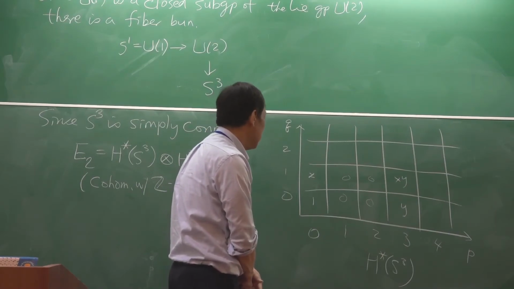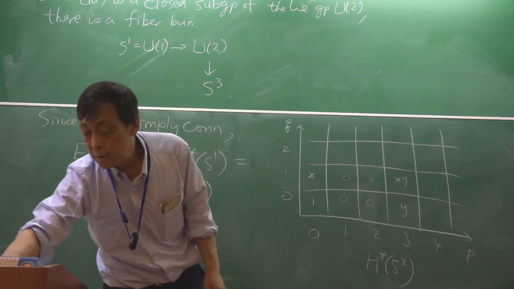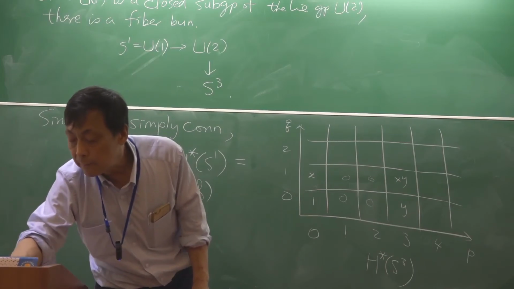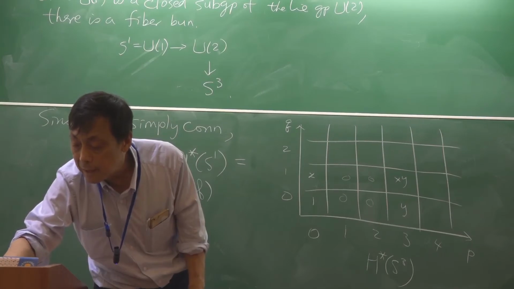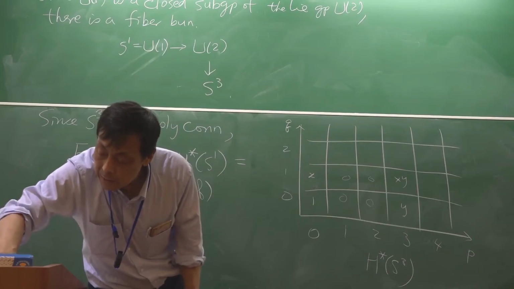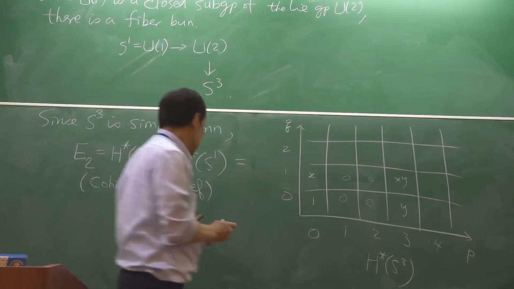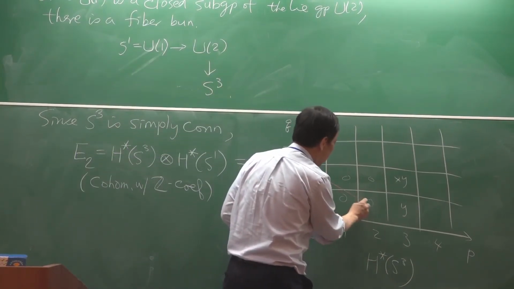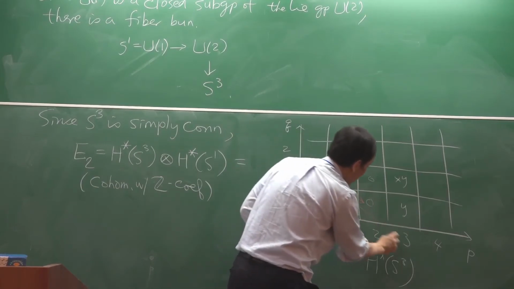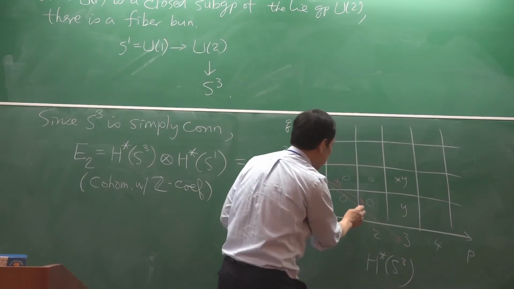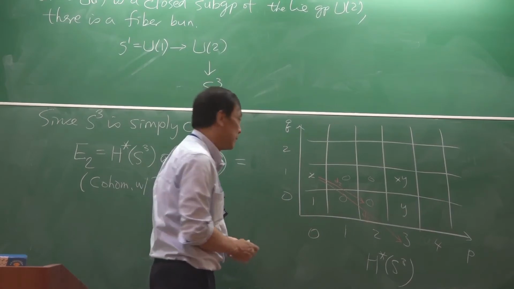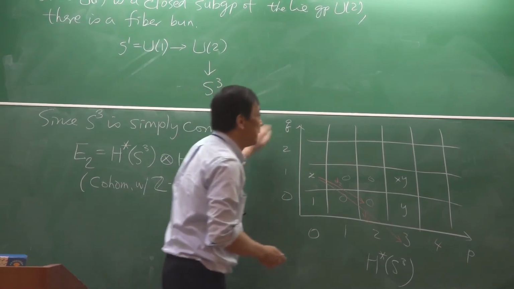Well, you see, d2 is going to take this to here, and d3 will go here. So they're all 0. All the differentials are 0.